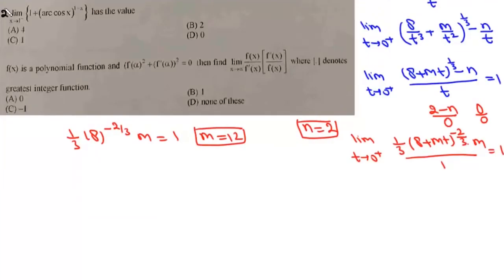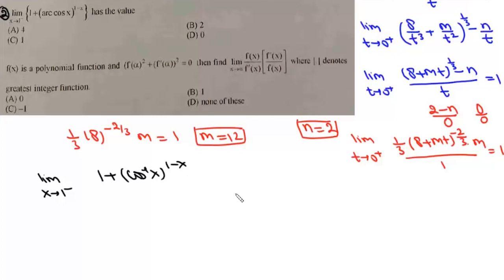Now this second question is this limit: x tends to 1 negative, 1 plus cos inverse x to the power 1 minus x has the value which is the following.